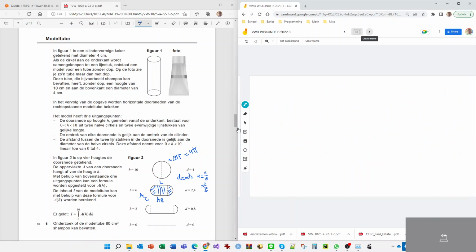So we get, for I, the integral of that from between 0 and 10.